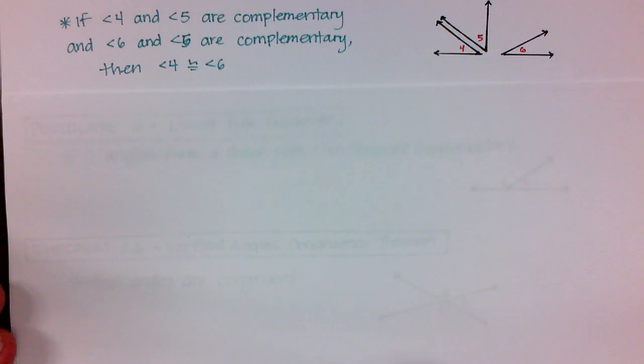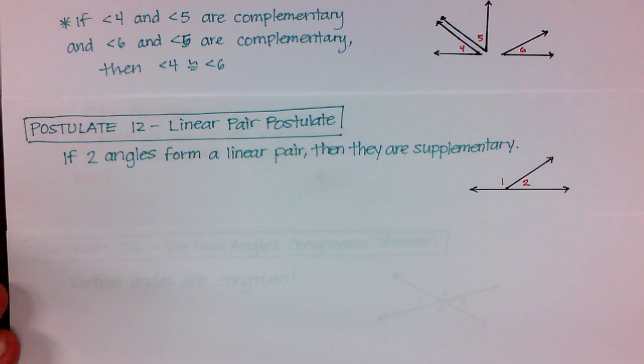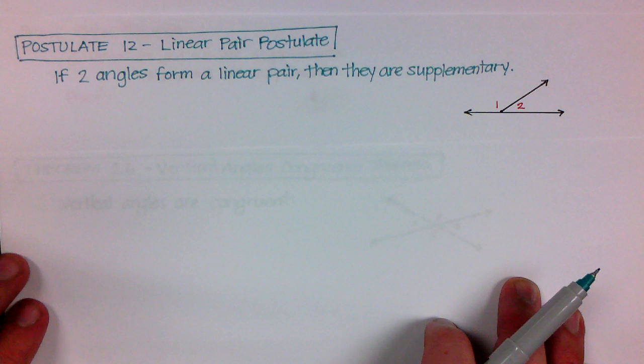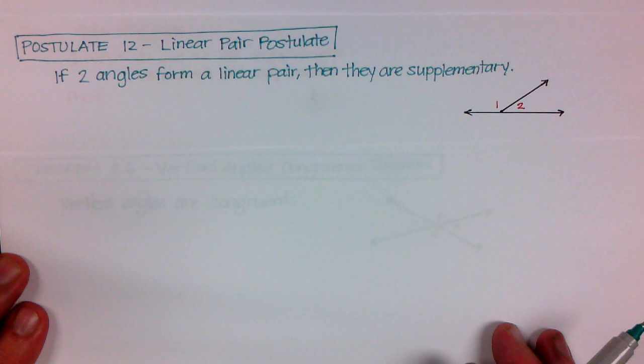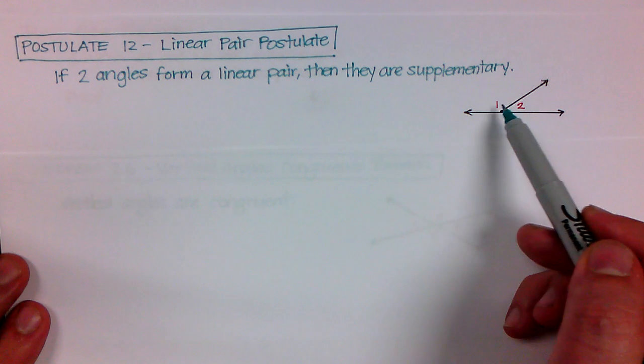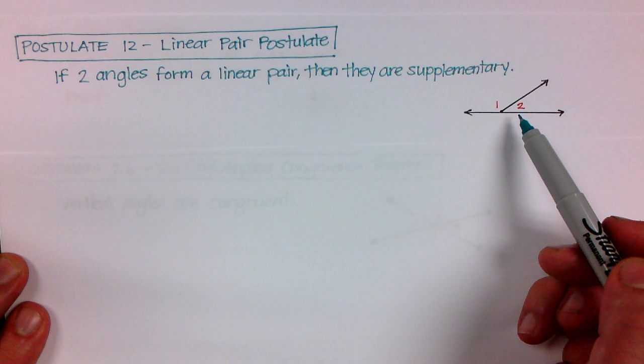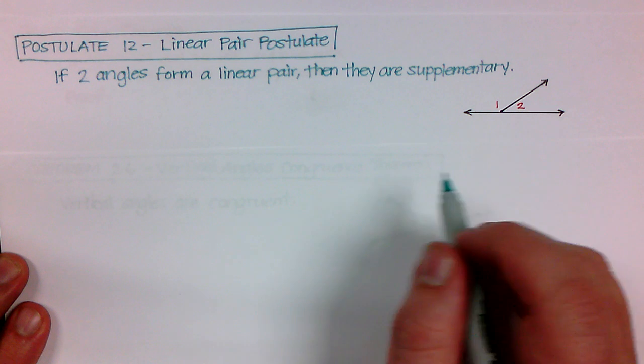All right, here's another postulate. It says, postulate 12, it's called the linear pair postulate, and it says if two angles form a linear pair, then they are supplementary. So if they form a linear pair, then that means that they're also supplementary, that they add up to 180 degrees as well.